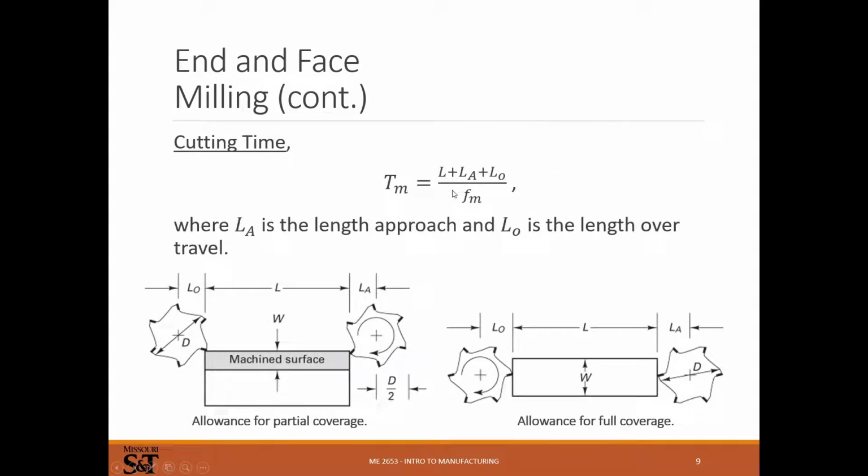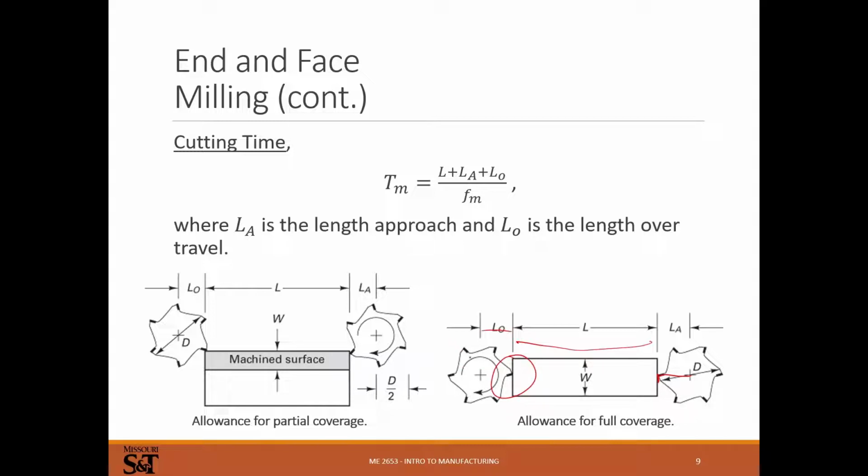Cutting time's a little different, so we need to factor in the length of the overrun here, because when we're facing, we want to engage here. So for a full width cut, we need to engage, or approach, at half the diameter of the tool, run the length, and then we're not going to stop this thing when it's right here.